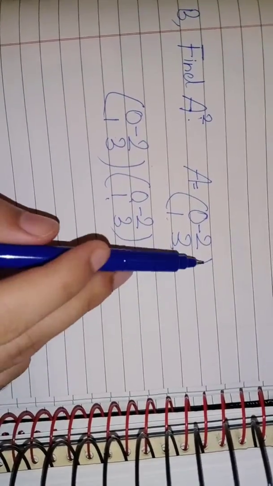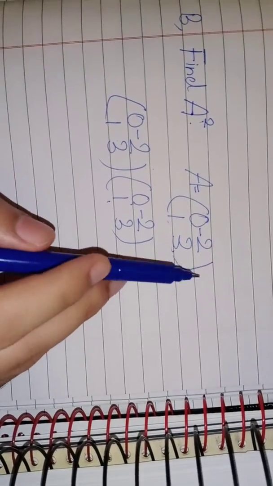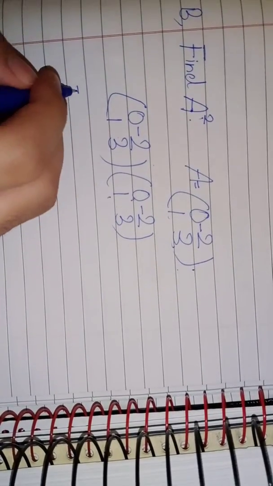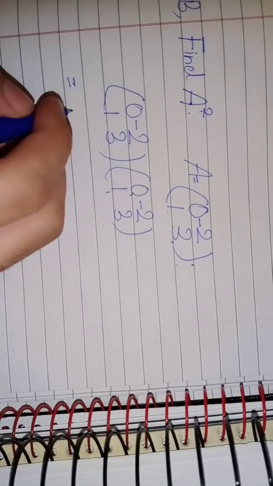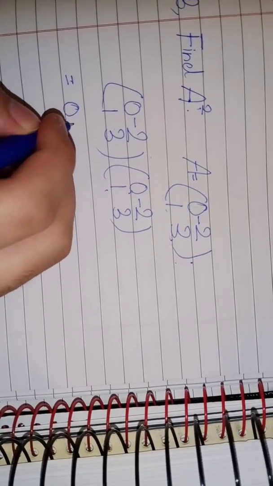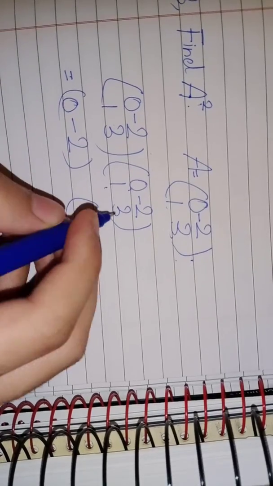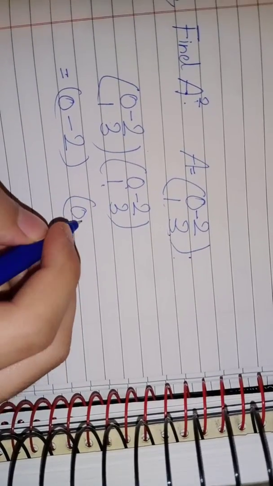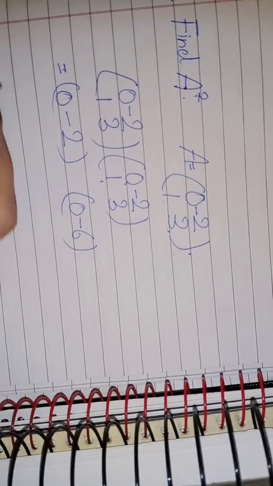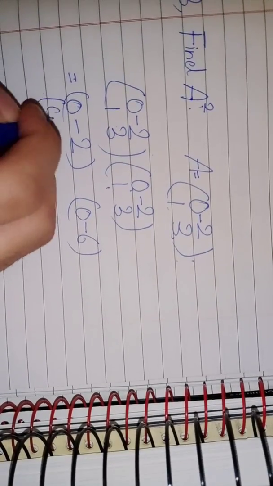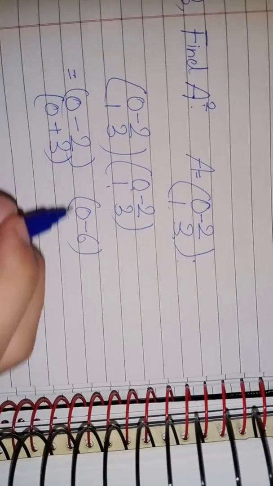We will not take a square of this. We will never take a square of this. So this will be 0, 2, and 0 minus 6. This will be 0 plus 3.